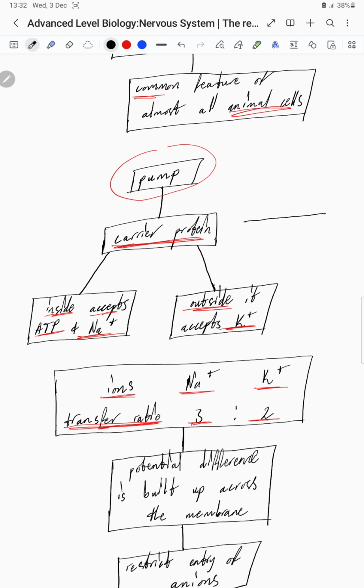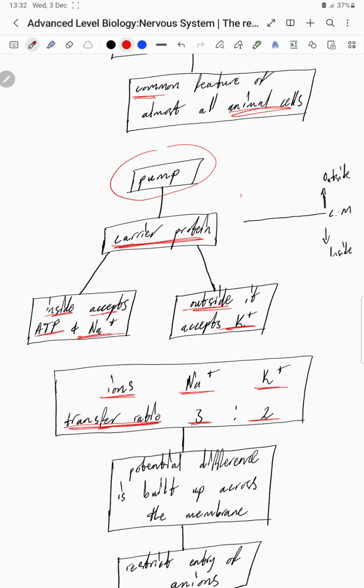Okay, let's just draw our previous diagram, so that you will better understand. So we say this is our cell membrane, and this is the outside, and this is the inside.